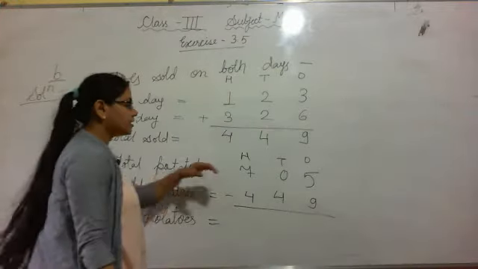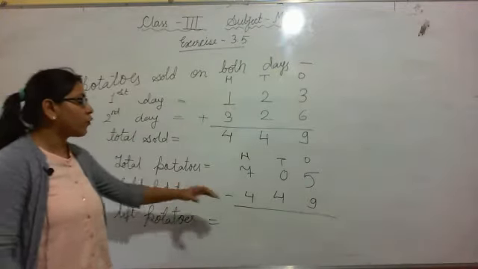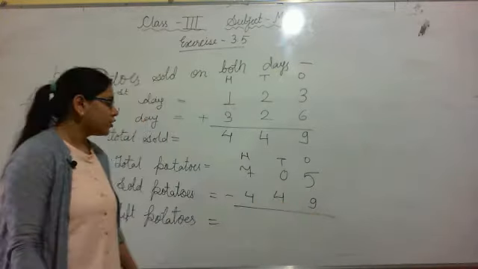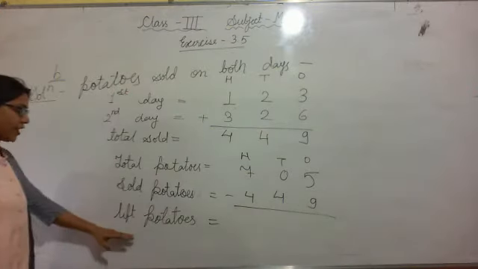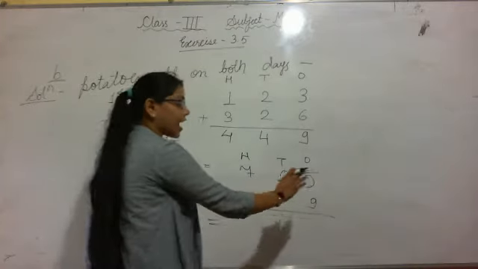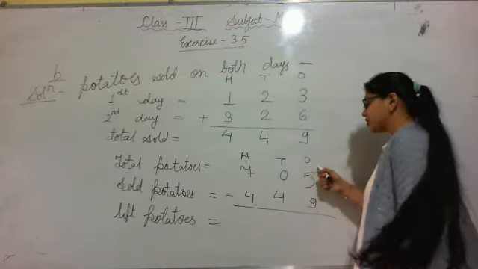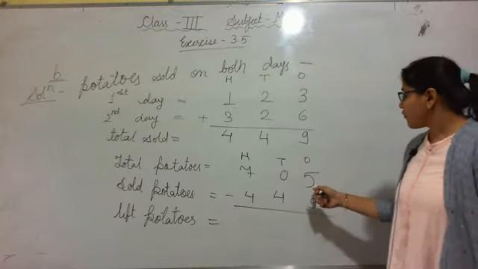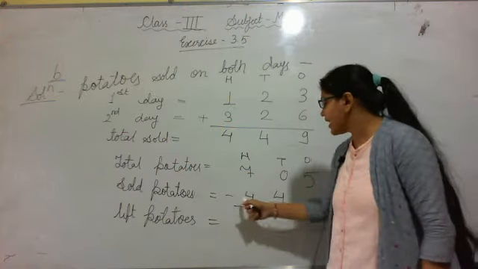So total 705 potatoes were there and the shopkeeper sold 449 potatoes. So if we subtract this 449 from 705, then we'll get the left number of potatoes. Okay, so let's start. We always start from rightmost position, that is ones position. 5 minus 9.